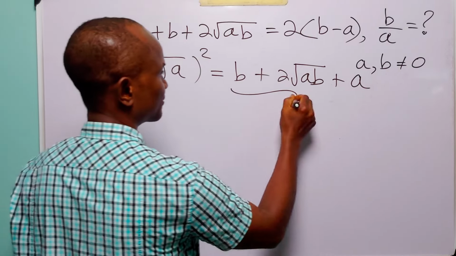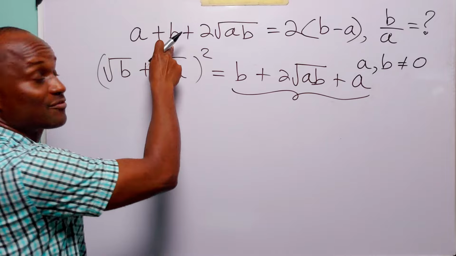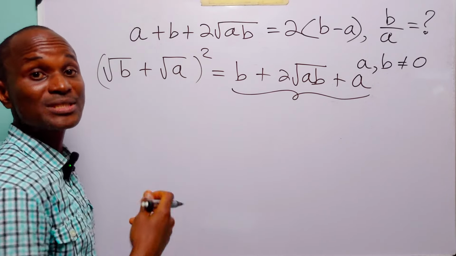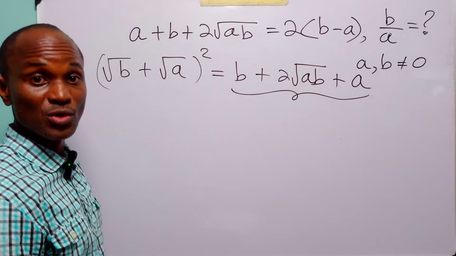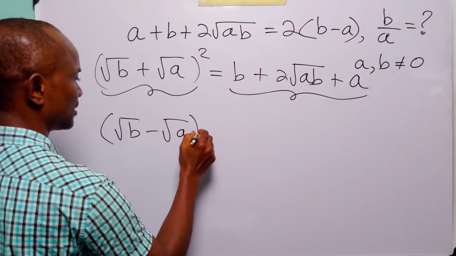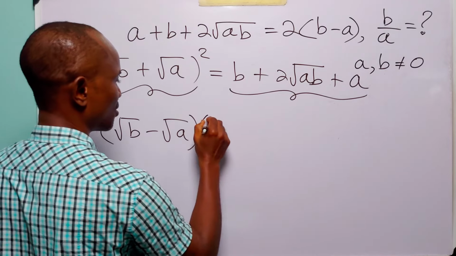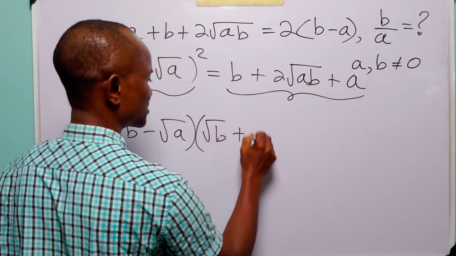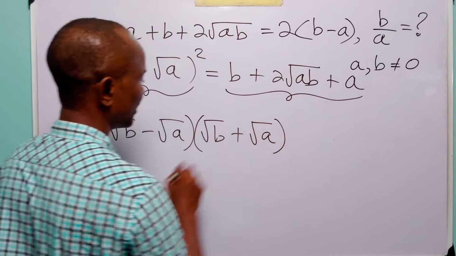Now look at this and look at the left hand side of the original equation. You will see that they are exactly the same. So that simply means that this is equal to this. Also, let us look at the multiplication. We have root b minus root a multiplied by root b plus root a.